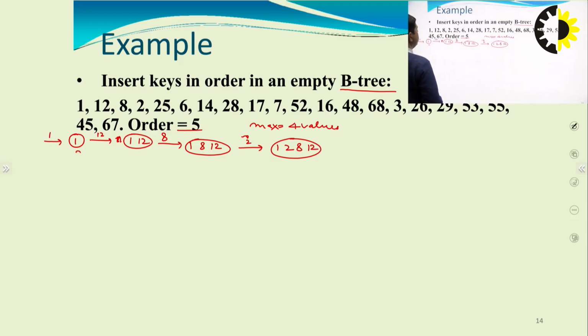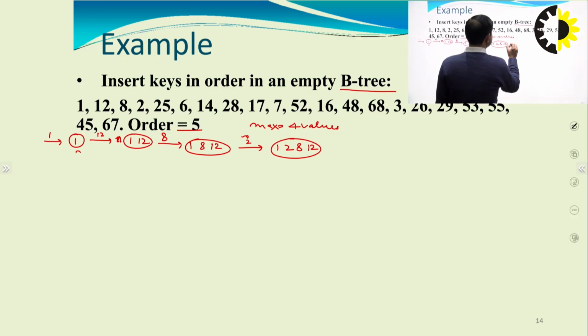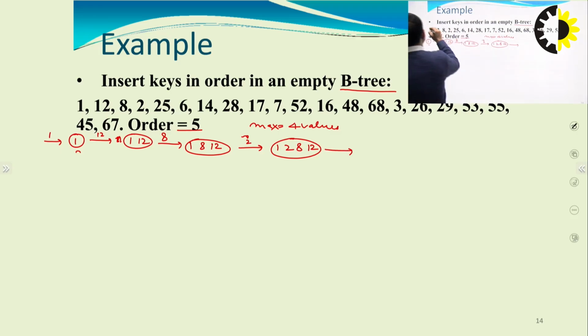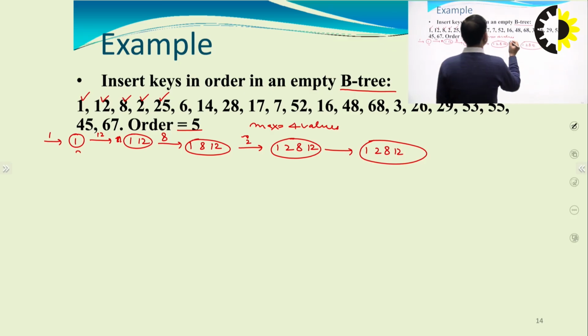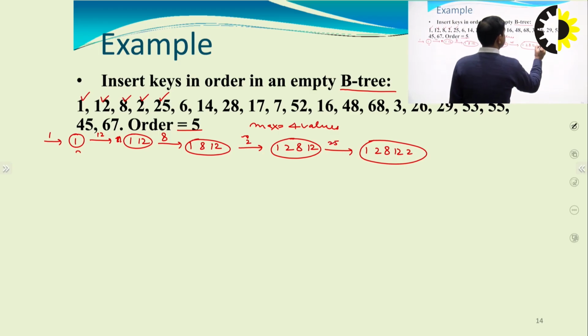After that, we have to insert 25. Already we have inserted these values. I am putting a tick so that we can find out up to what we have inserted. It will be like this: 1, 2, 8, 12, and 25.